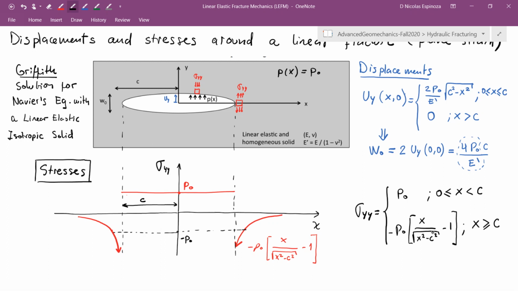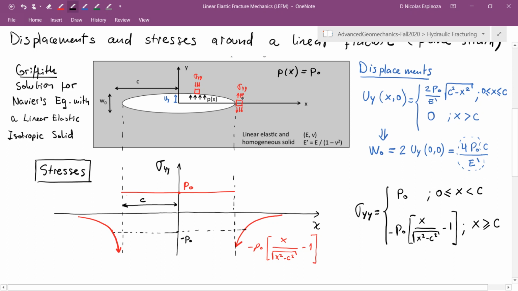Before we go into that, let's notice a few things in this solution. As you get to the tip, the stress tends to infinity in tension, but it quickly decays as you get further away from the tip.